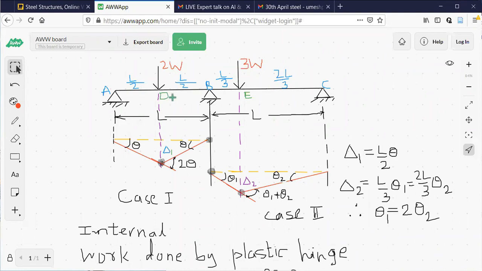Now, as you can see here, the bending moment is maximum at the center under the point load. This plastic hinge is formed here at D, because at D the maximum bending moment occurs. So I can expect that there will be a plastic hinge formation here.